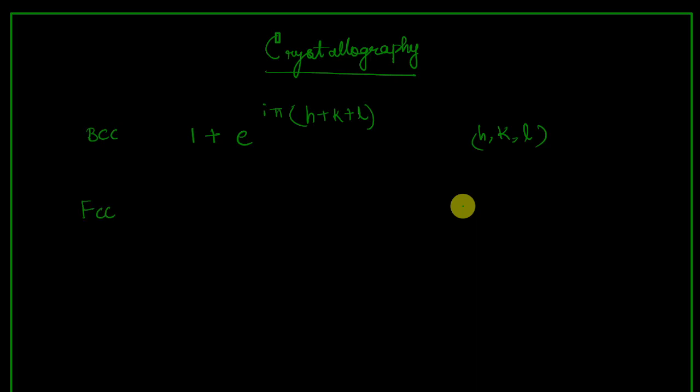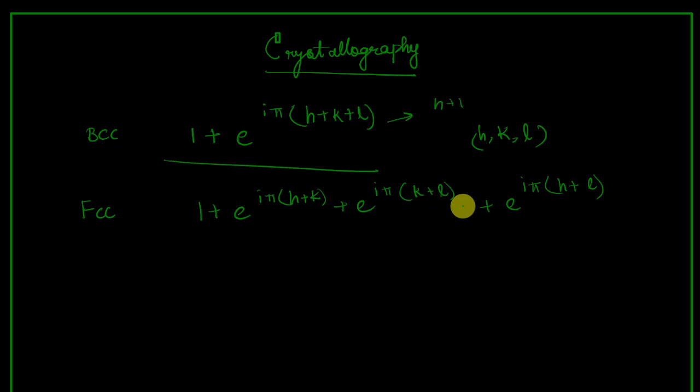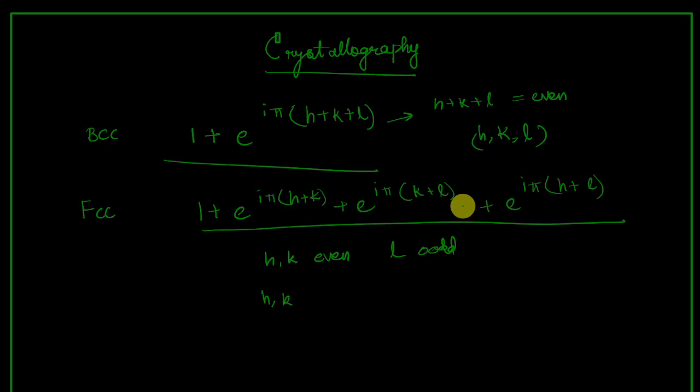For FCC, we found out that this was the structure factor. So here, for constructive interference, the condition was that H plus K plus L must be even. Mathematically, we can see that this can be H, K even and L odd, or H, K odd and L even.